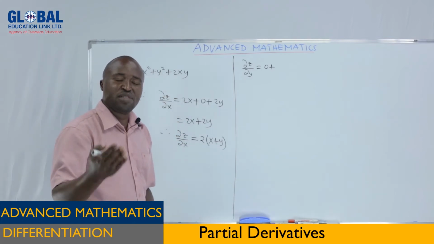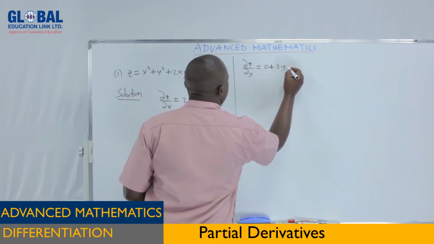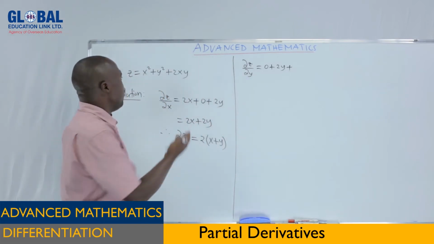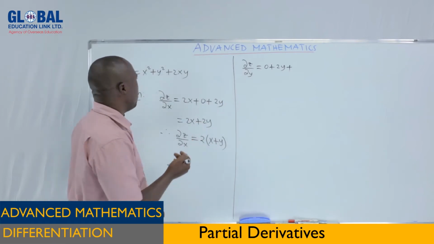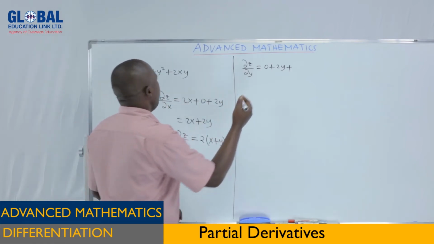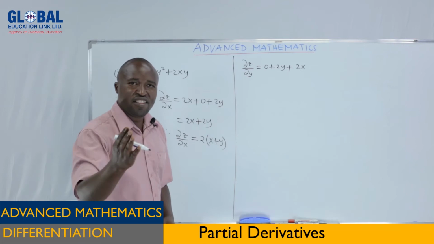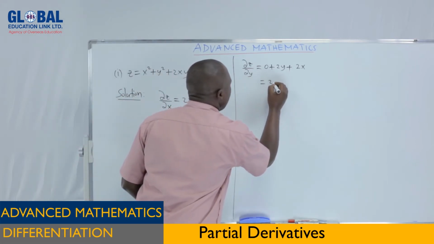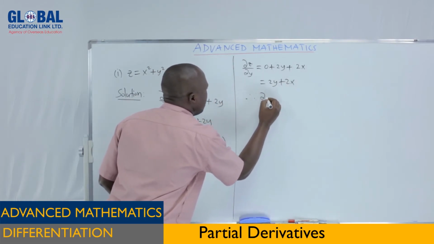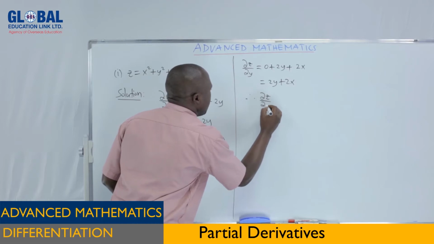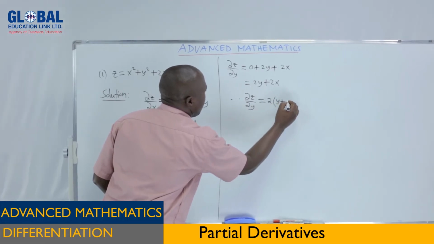Since we are differentiating with respect to y, differentiating y squared, we have 2y. Then we have 2xy. Remember, x is constant. So differentiating 2xy, we are going to have 2x. Now this is equal to 2y plus 2x. Therefore, the partial derivative of z with respect to y is equal to 2 bracket of y plus x.